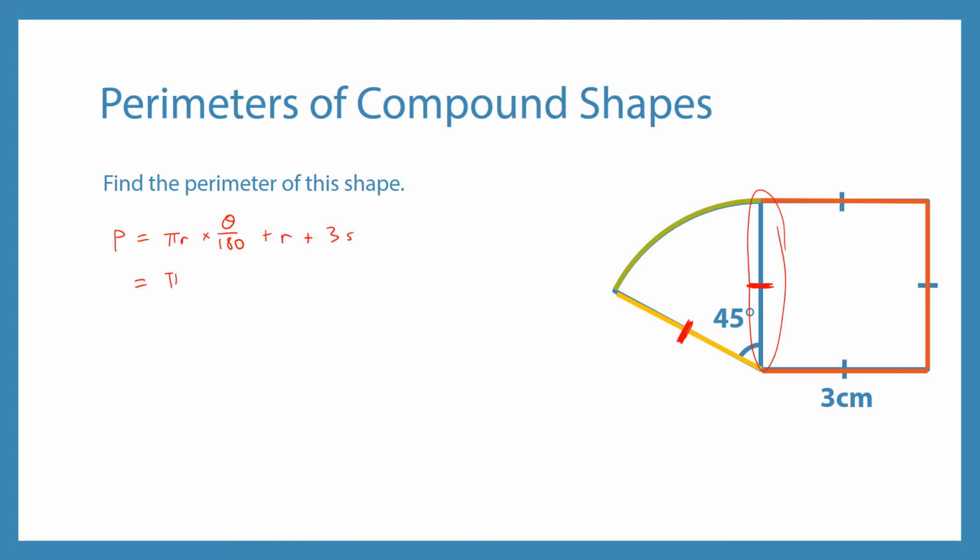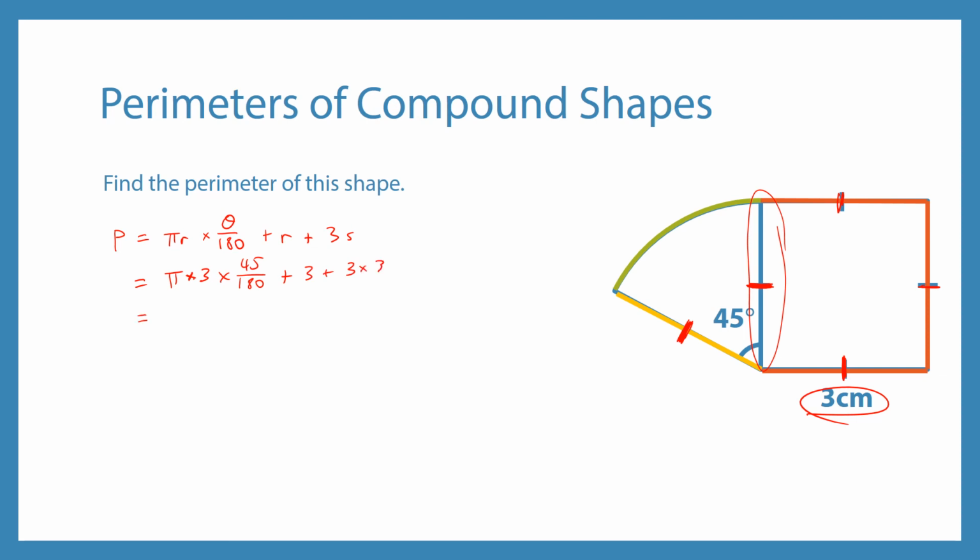So we go pi times 3. So we need to be using our knowledge that all of these are the same, and therefore they're all 3 centimeters. So pi times 3 times 45 over 180 plus 3 times 3.